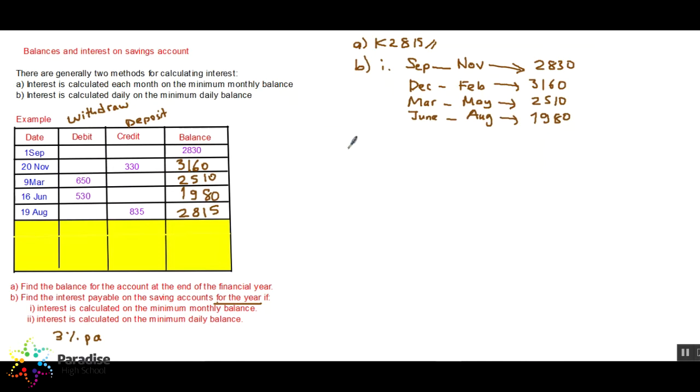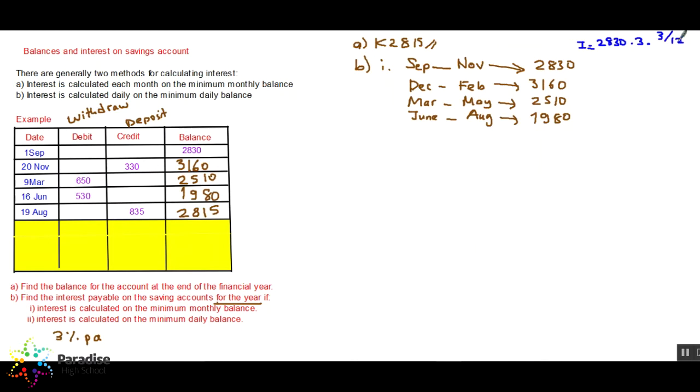Then let's calculate the interest here. Let's calculate just next to it, and change the color. Interest is equal to principal 2,830, the rate is 3%, and how many months? September, October, November, 3 months.